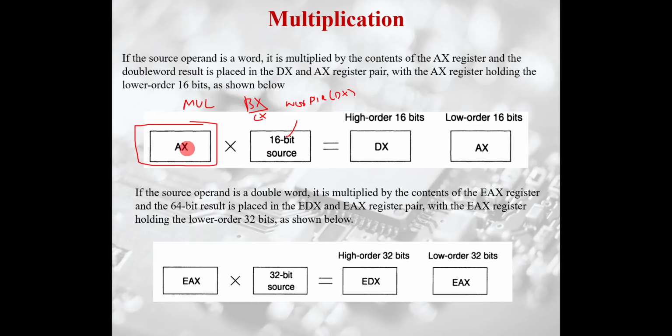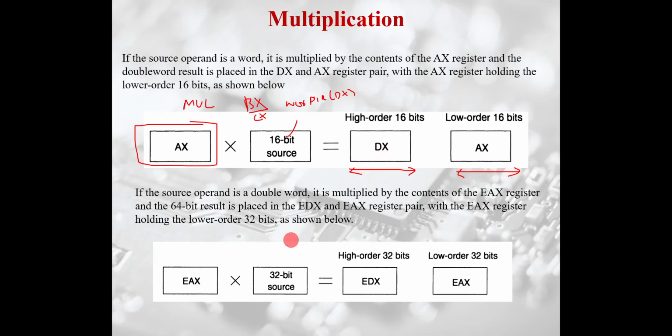Now you are multiplying 16 into 16, so the answer would be 32 bits. So you will require two 16-bit registers. The higher bits will be stored in DX, and the lower 16 bits will be stored in AX. So AX will get modified with the lower 16-bit product, and obviously the higher bits data will come into the DX register.